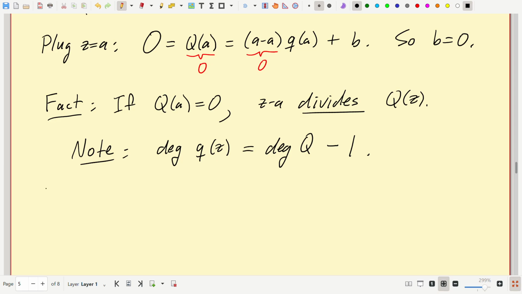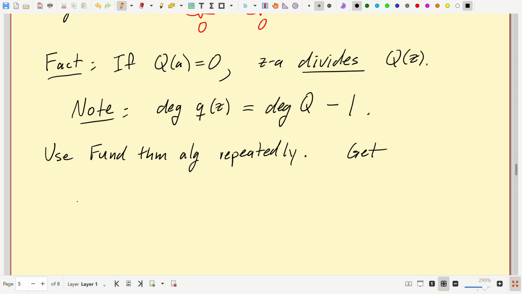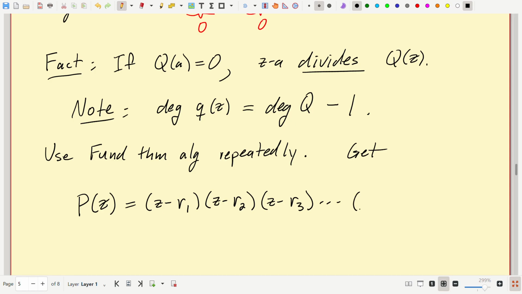So repeatedly use the fundamental theorem of algebra, and when you do that, you'll get that P of Z is Z minus the first root, I'll call it R1, times a quotient, and I would do it again, I'd get Z minus another root, and I'd do it again, etc. The last time I could do it would be the nth time.